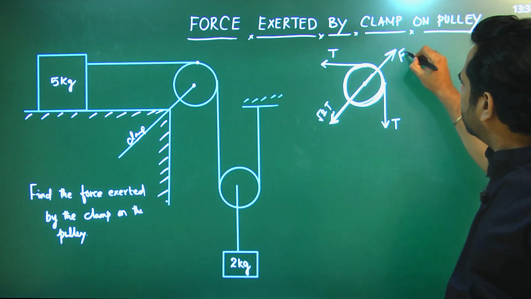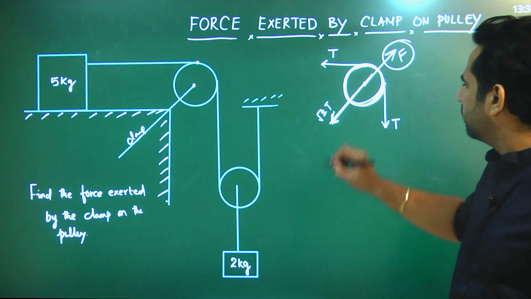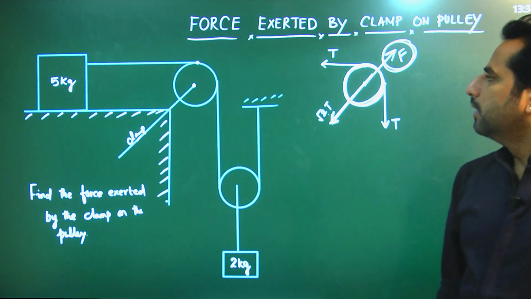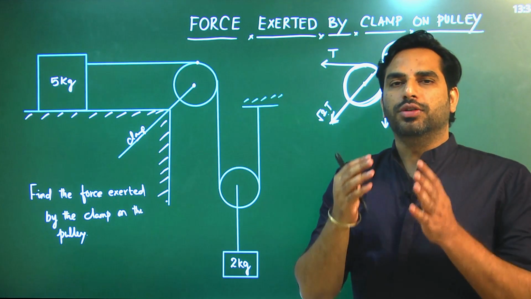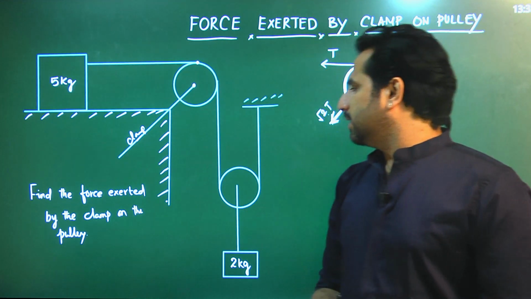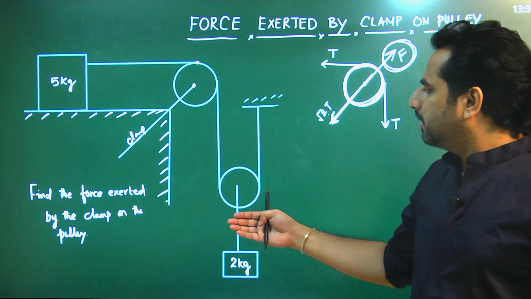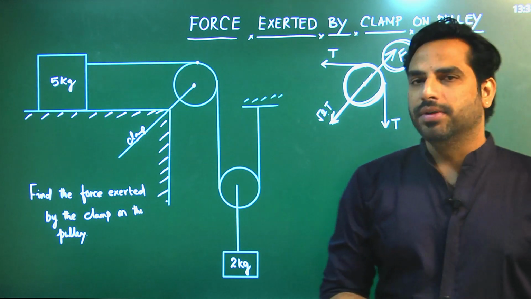So the force exerted by the clamp should be in this direction, opposite to this root 2T, and the magnitude of this force should be equal to root 2T. So the force exerted by the clamp on the pulley is root 2 times the tension in the string. So in this question, we have to find the tension in the string. Then the answer is root 2 times the tension.